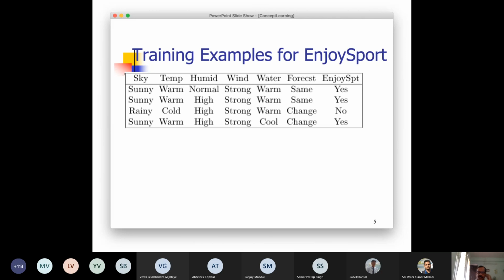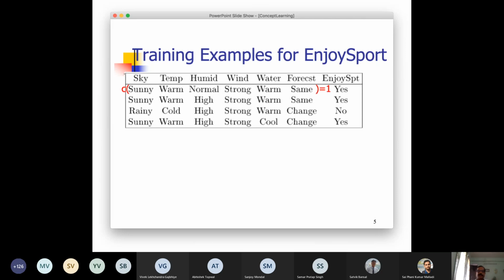So we have four training examples, and you can see that each column is represented by an attribute, and the last column gives you the functional value of that Boolean function I mentioned, either yes or no. That means whether you are enjoying sports on that day or not.